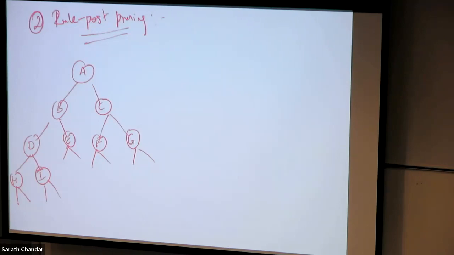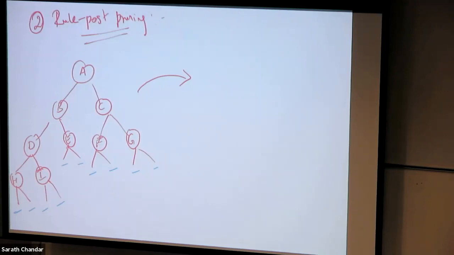Now, once I have a tree like this, my first step is to convert this tree into a set of rules. How am I going to do that? You can see that at the end of the tree there are 1, 2, 3, 4, 5, 6, 7, 8, 9, 10 possible decisions, which means I can construct 10 different rules.